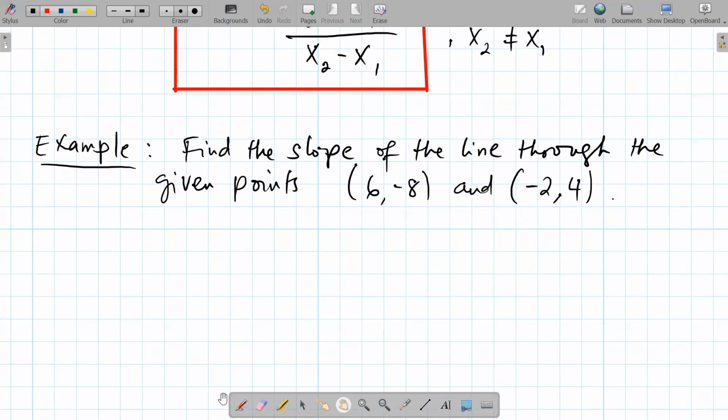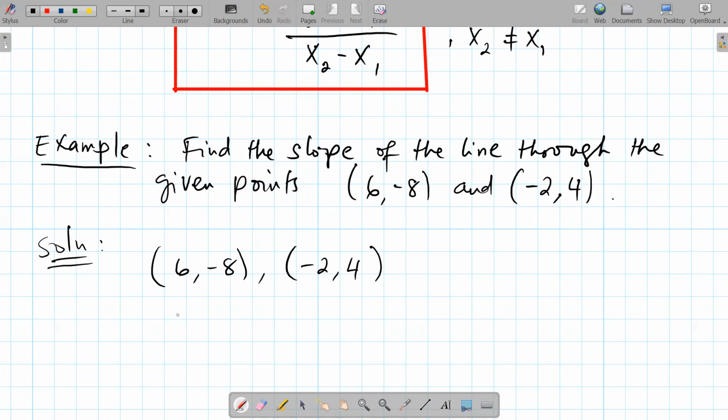Let's go through this first. So the points here are (6, -8) and (-2, 4).